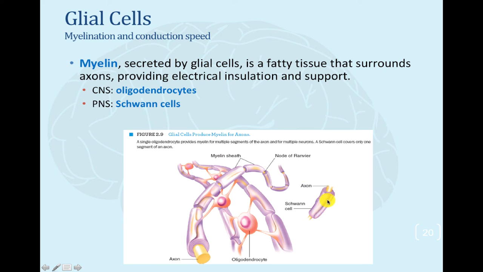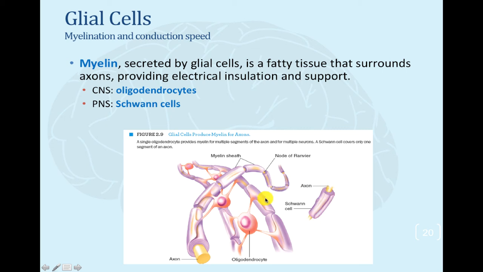Schwann cells form myelin in the peripheral nervous system, and they do it by wrapping themselves around the axon. So in the peripheral nervous system, the Schwann cell itself is wrapped around and forms the myelin. This ends up being an important distinction. If an axon gets damaged or even broken, the Schwann cell, if it is able to, will form a little tunnel and allow that axon to regrow.